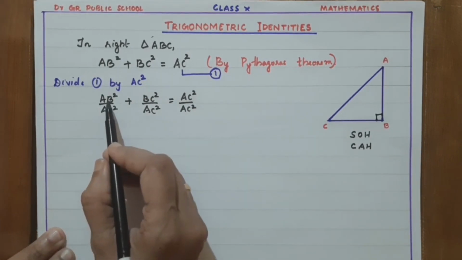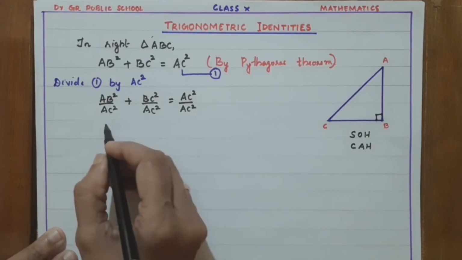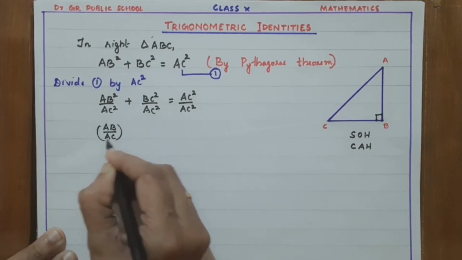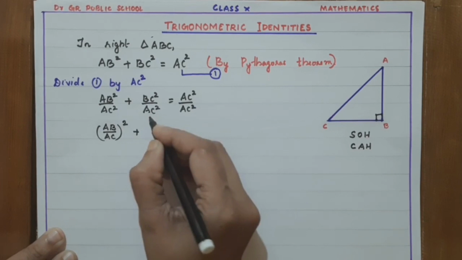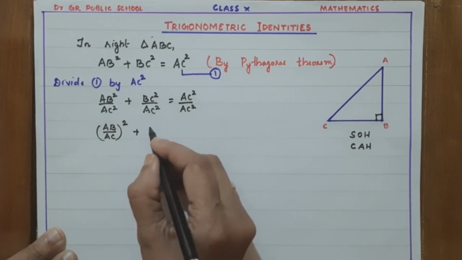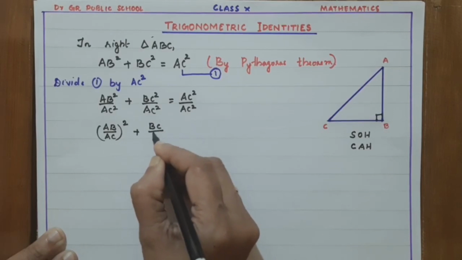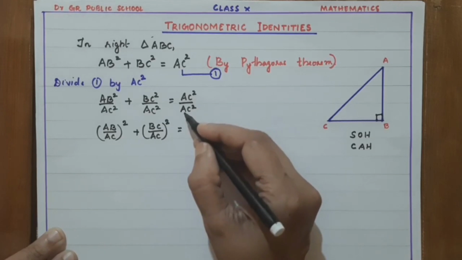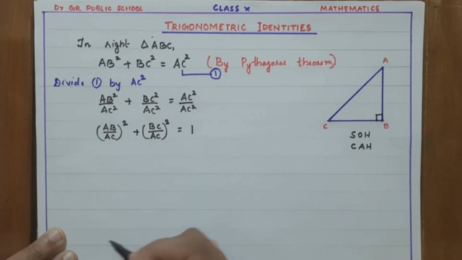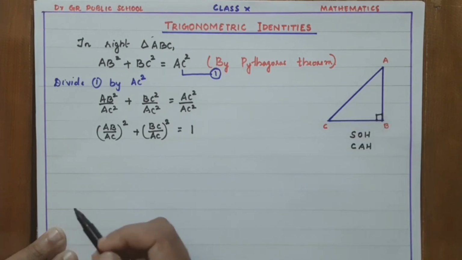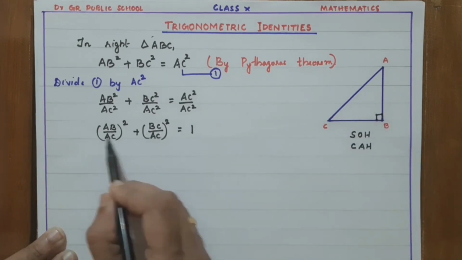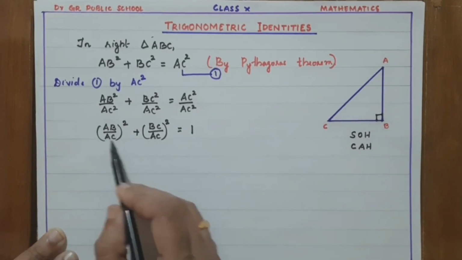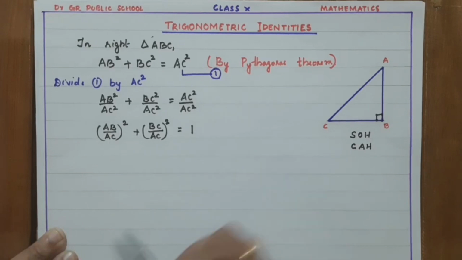Now AB square by AC square we can write as AB by AC the whole square plus BC square by AC square can be written as BC by AC the whole square equal to, what is AC square by AC square? It is 1. Okay, AC square by AC square is 1. All these are lengths of the sides of this triangle. Okay, that means they are numerals. So we can do the cancellation like this.